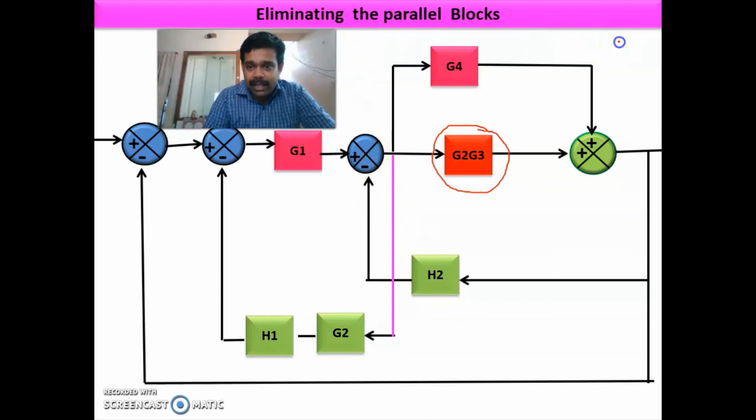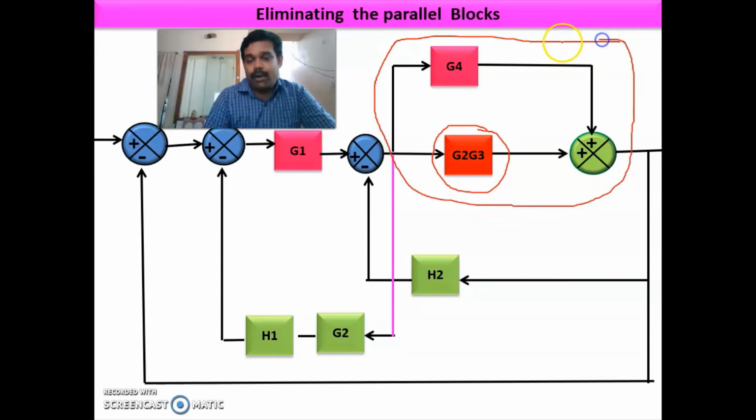Next we analyze this figure, and we understand that we can combine these parallel blocks. Here you have two blocks in parallel, one is G4 and another is G2 G3. These two parallel blocks we can combine into one block.